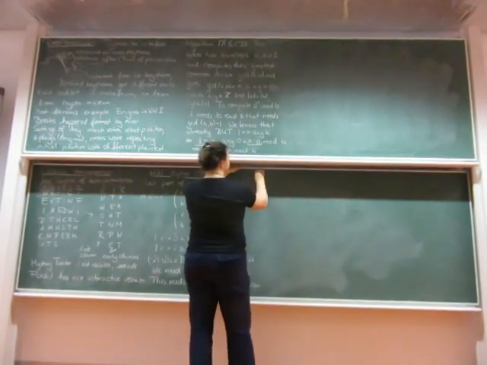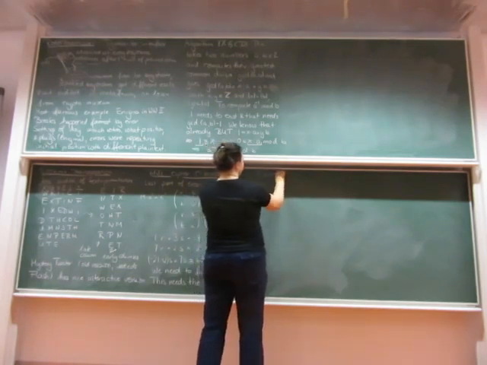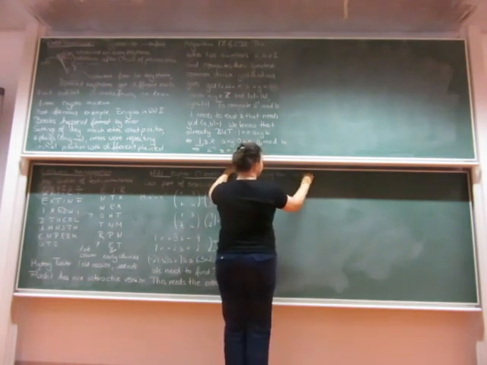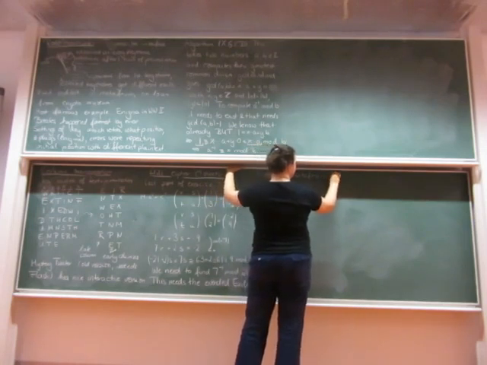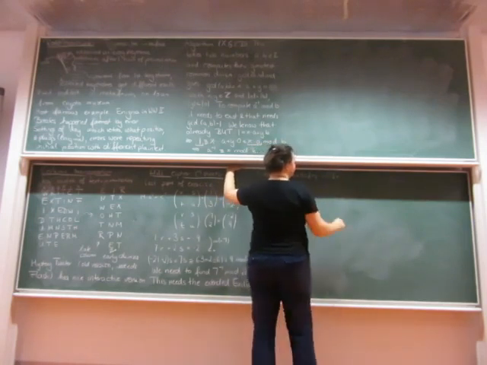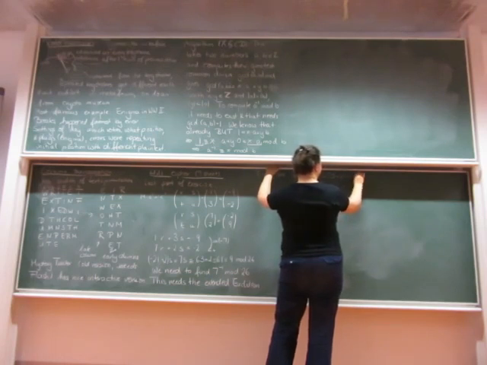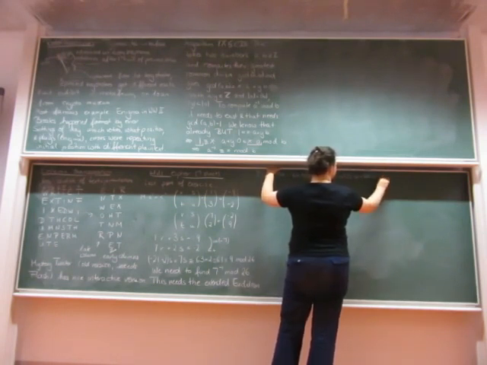We'll have that every row satisfies that the first entry of the row is equal to, which we're going to write, b is the bigger one, so the second entry of the row times b plus the third entry of the row times a.